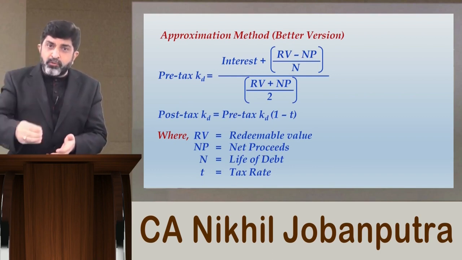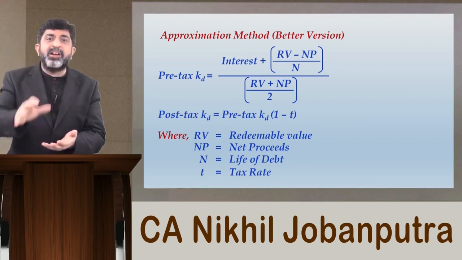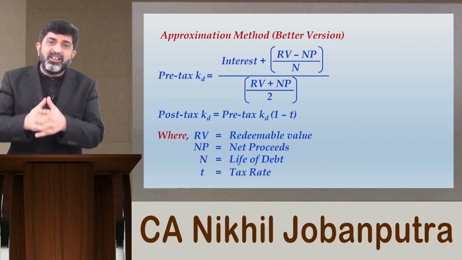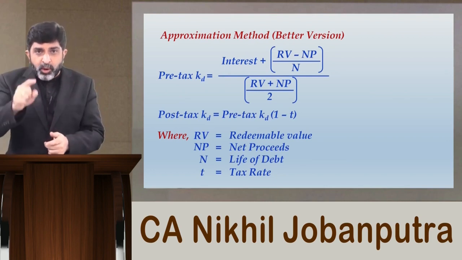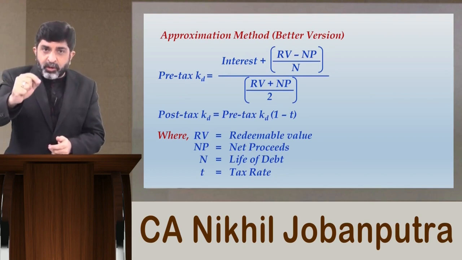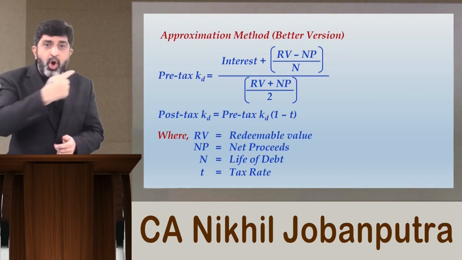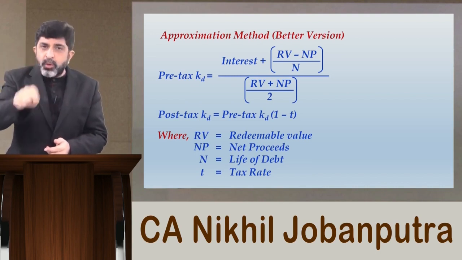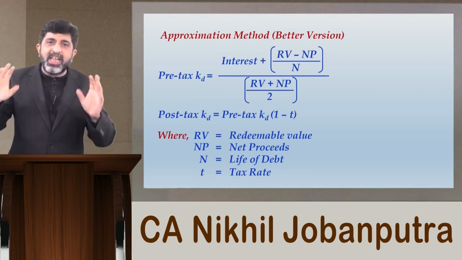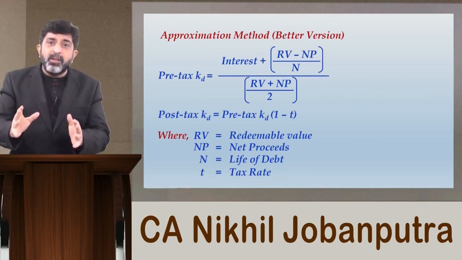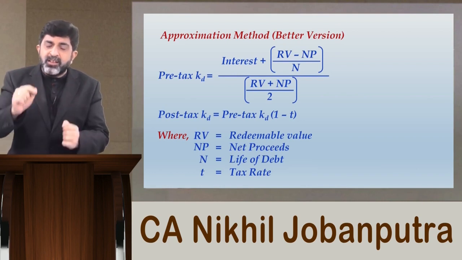Something which is a wrong version of formula, still there printed in the textbook. And students unnecessarily will be carried away with those notions. The moment you step outside the boundaries of India, and if you have these wrong notions fit into your mind, you will be the ones who will suffer. ICAI is never going to suffer. They will never have any problem because they are the ruling authority.